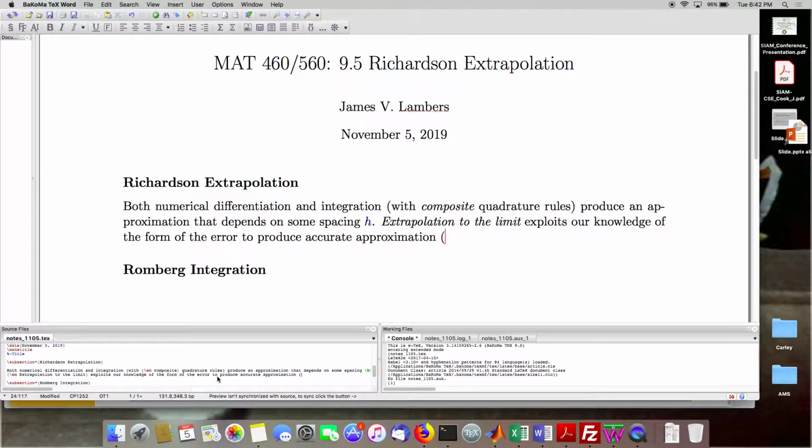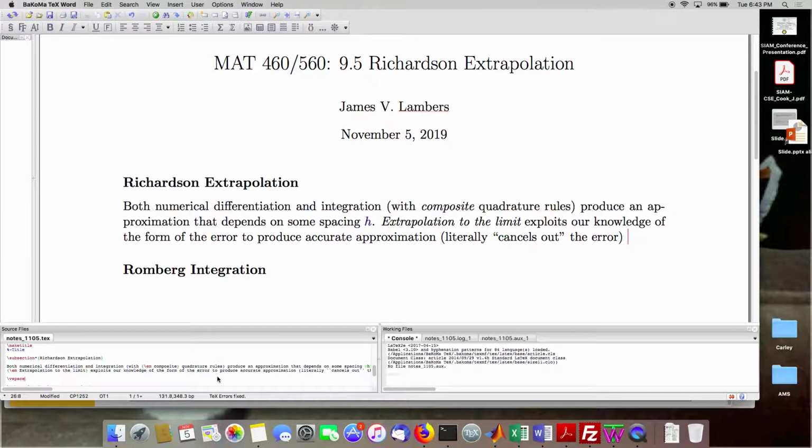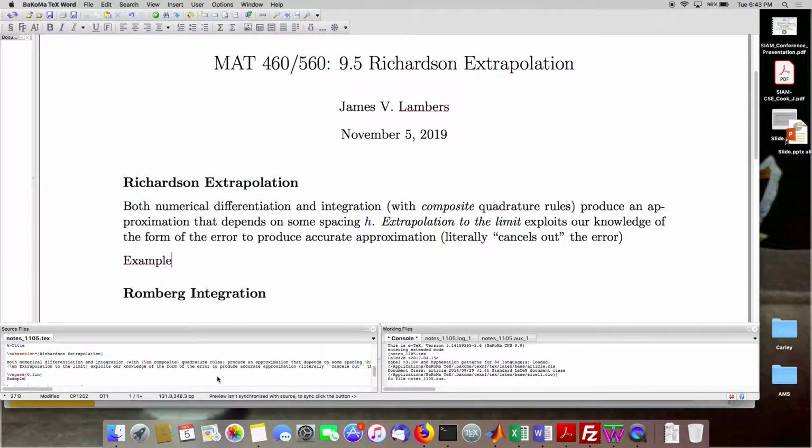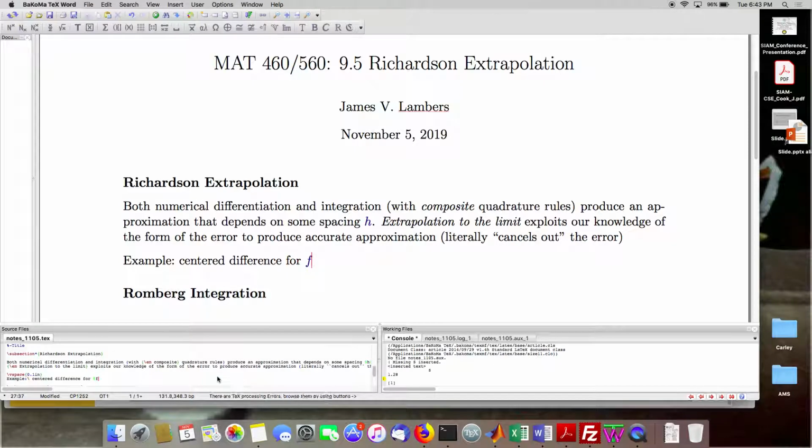It literally cancels out the error, although I think some Math 101 instructors in this room might not approve of that terminology. So what I'll do is illustrate with the standard difference for f prime at x naught.